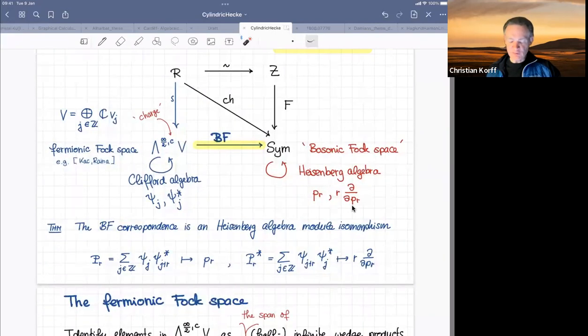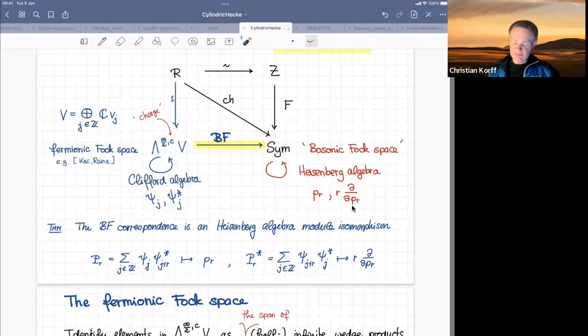The boson-fermion correspondence is related to the so-called Kadomtsev-Petviashvili hierarchy. And from a representation theoretic point of view, it's a Heisenberg algebra homomorphism, which is just you look at the action of the power sums on your ring of symmetric functions. So you can multiply by a power sum, or you can differentiate with respect to a power sum, because these are generating your ring of symmetric functions.